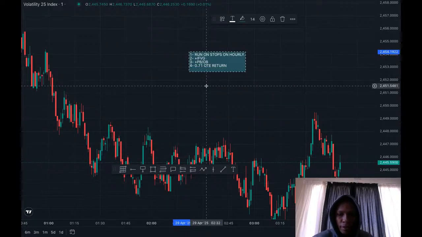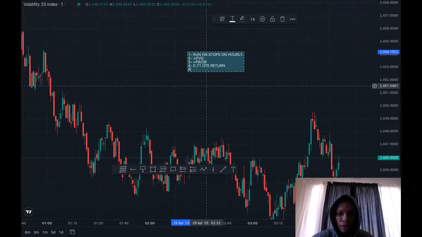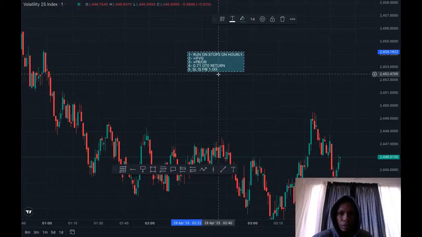So then number 5 is stop loss. Well, actually no, stop loss is then the Fib 1. It's normally the 100 level, but I guess in this case it's the low, from where it's anchored.